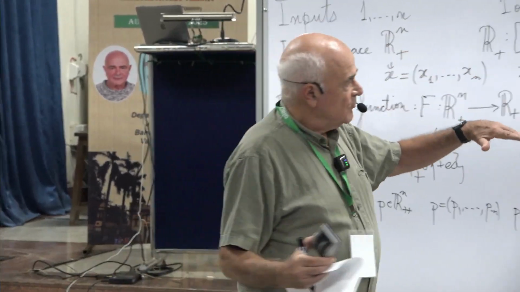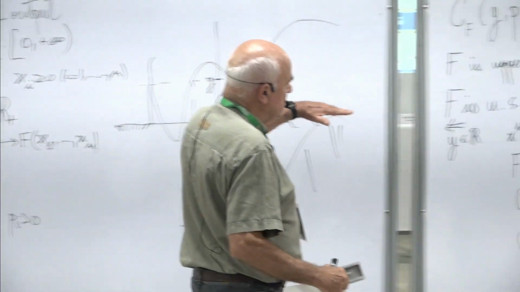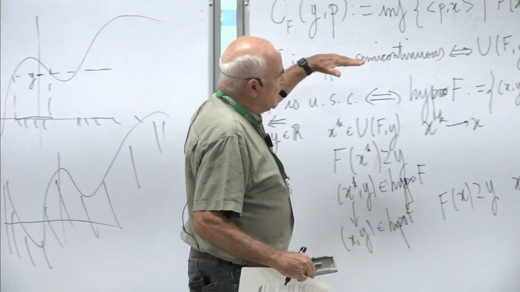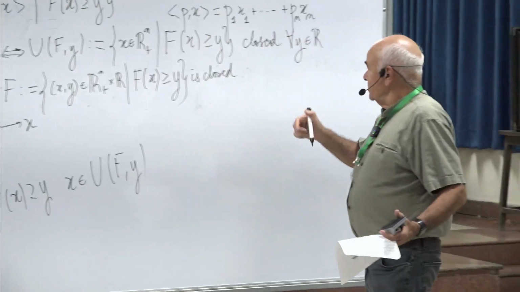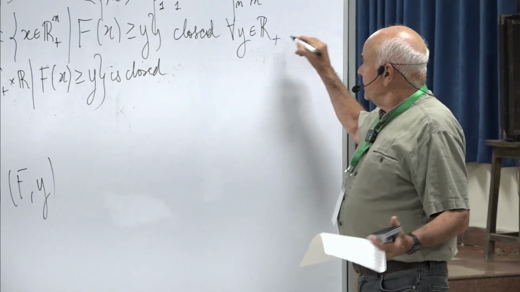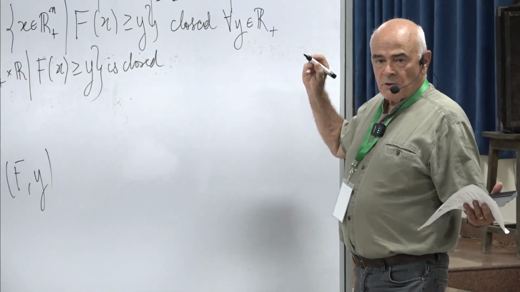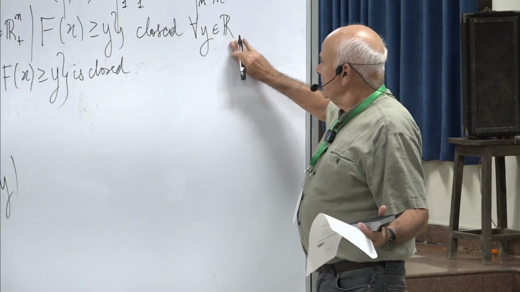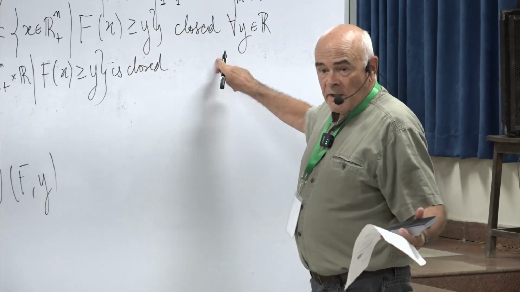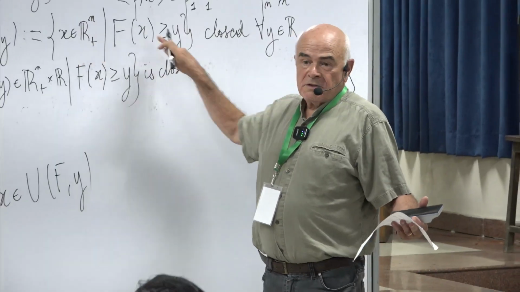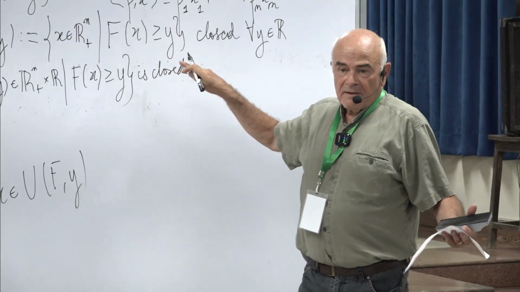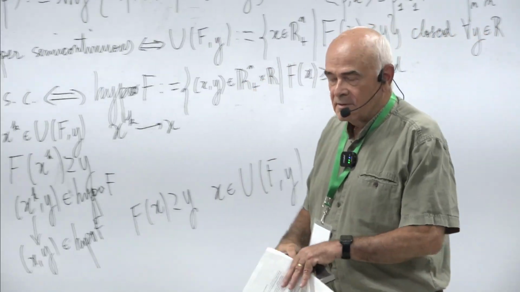But for this definition, I prefer to consider every y in R, although you are absolutely right, there would be no difference if I consider only this, okay? Because if y is negative, then this is the whole space, which is closed. Thank you.